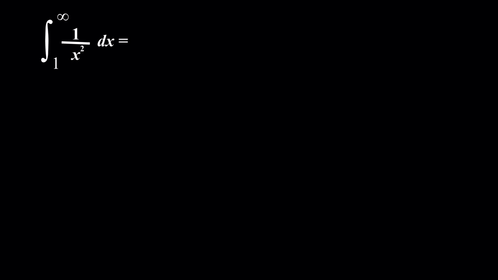All right, so let's look at our next function. On this particular problem, we're going to write this first as a limit as a, and it doesn't matter whether you use a or b or t or whatever you want to call infinity. We're just going to say the limit as a approaches infinity of the integral from 1 to a, and I will rewrite this as x to the negative 2 dx so that we can do the antiderivative of that.